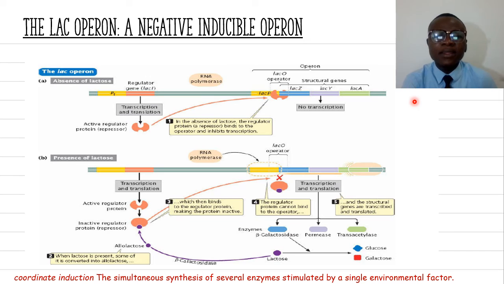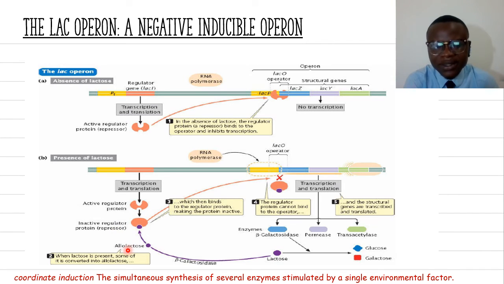So we look at the lac operon, a negative inducible operon. What does this mean? From our previous discussion of a negative inducible operon, it means that when we have an active regulatory protein, transcription will be switched off. So in the presence of lactose, you have the production of what?